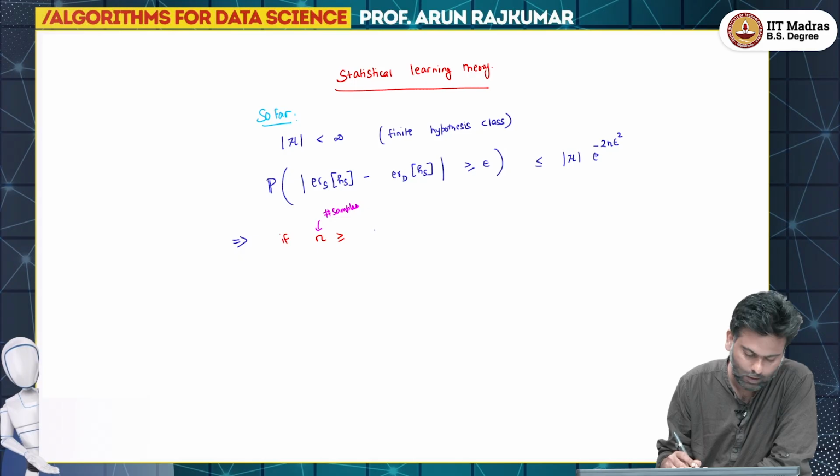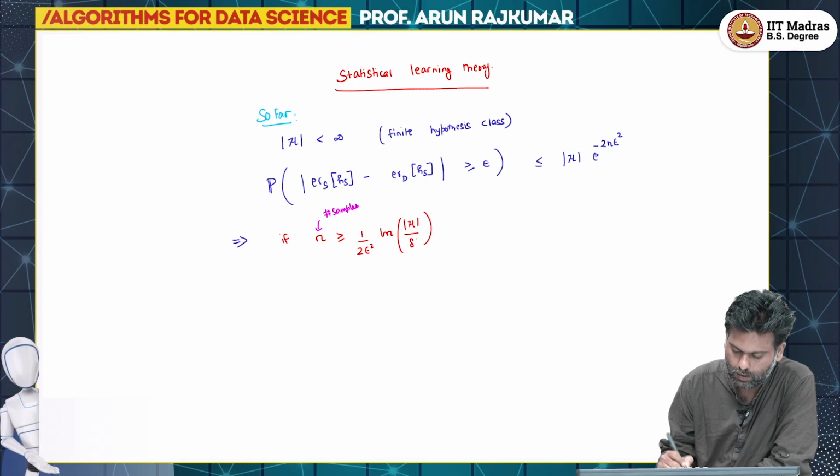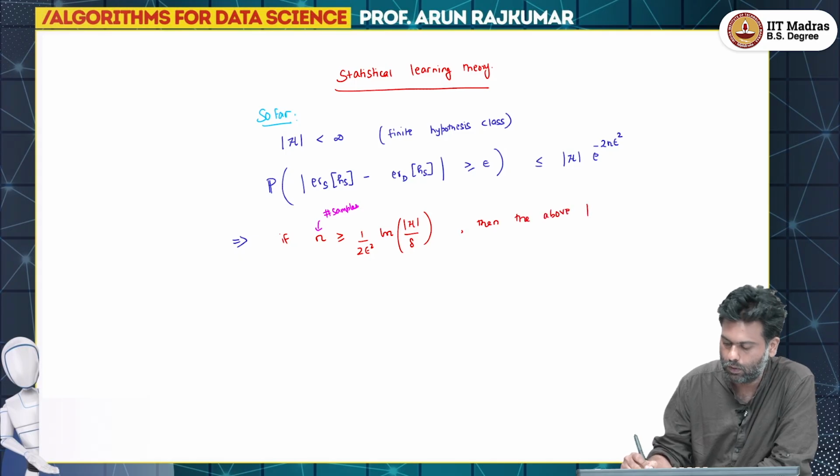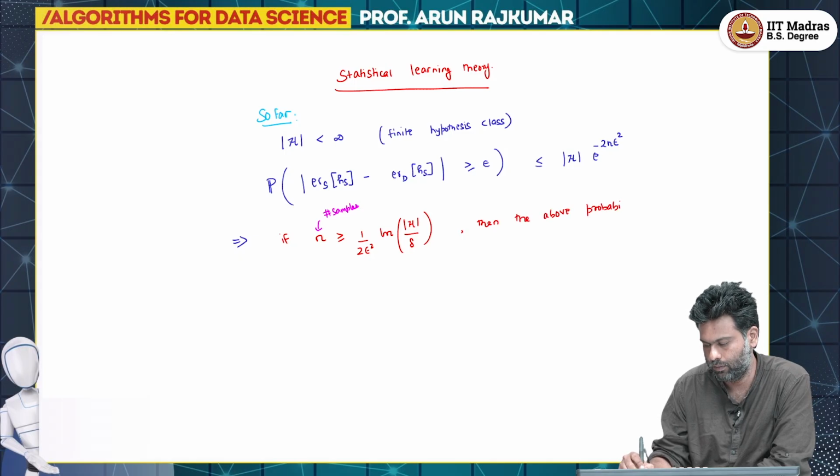So, if n is greater than or equal to 1 by 2 epsilon squared log of |H| by delta, then the above probability is less than or equal to delta.